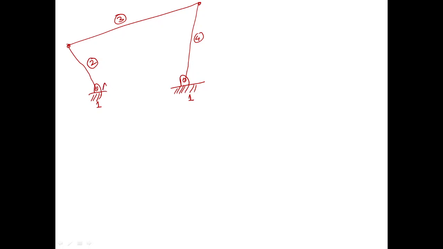This point is A, this point is B, this point is C, and this point is D, right? Now it is subjected to some input torque here. First we will draw the free body diagram of every element.